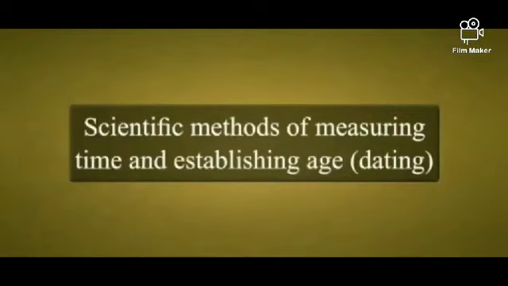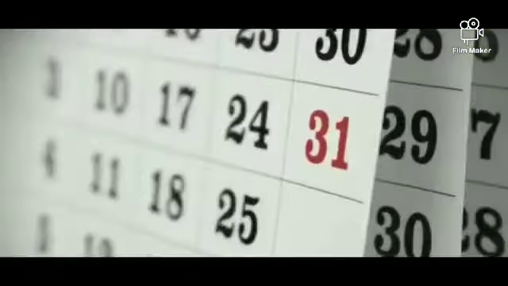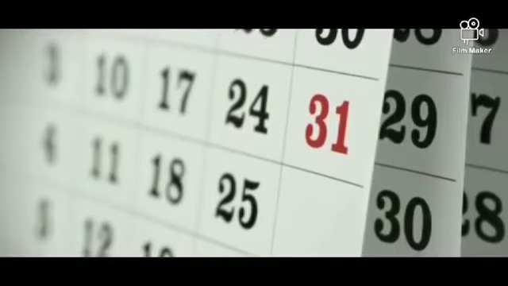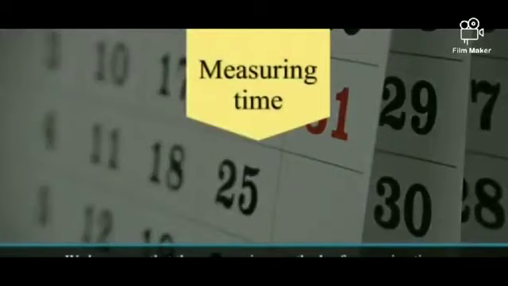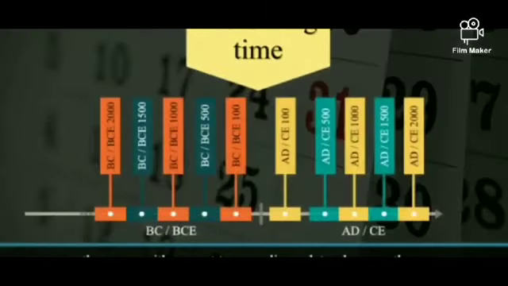Scientific methods of measuring time and establishing date, which means dating. We are actually measuring time when we talk about today's date or a day of the week, etc. We have seen that there are various methods of measuring time. These methods allow us to identify a particular day, month or year with respect to an earlier or later day, month or year.